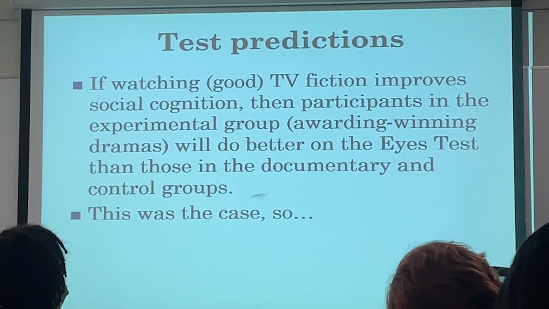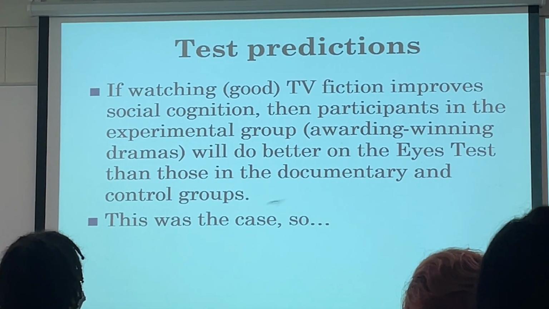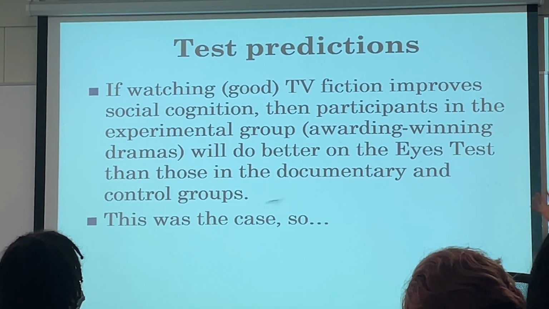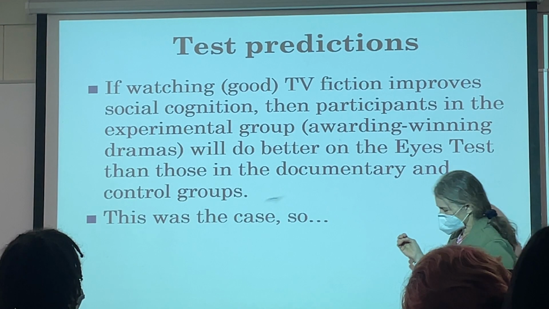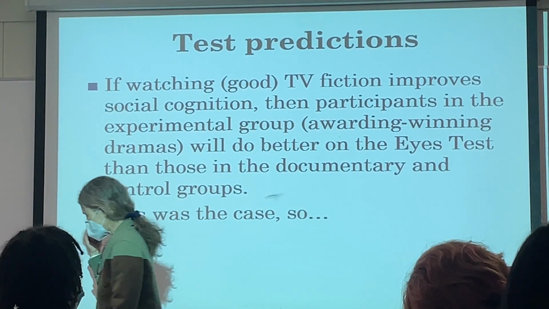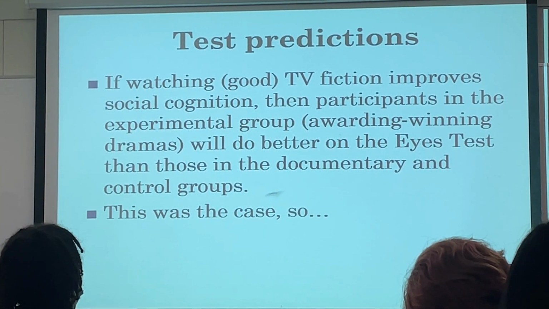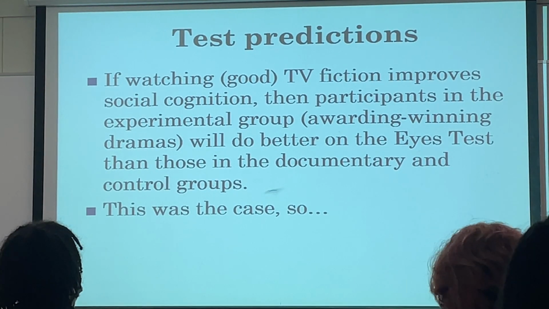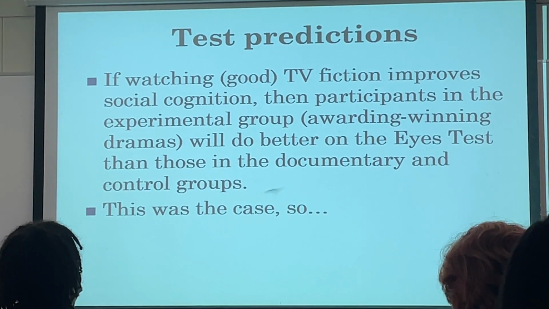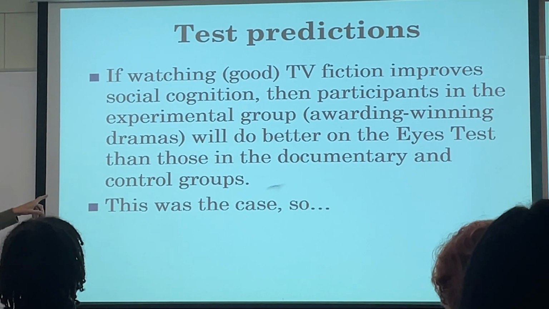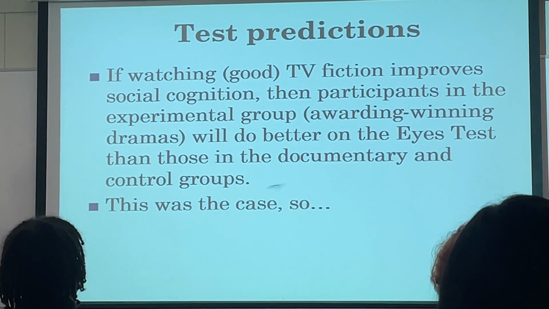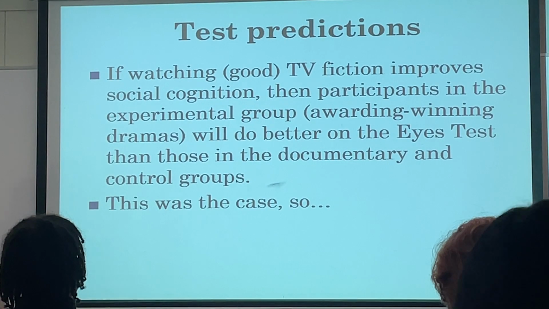Okay, so we've done all this stuff. We've collected the data, etc. We have to test the predictions. When you test your prediction, you have to think of the logic behind it. If watching good TV improves social cognition, the participants in the experimental group will do better on the ICE test than those in the control group. So we test that prediction with statistics, which this isn't a statistics course.